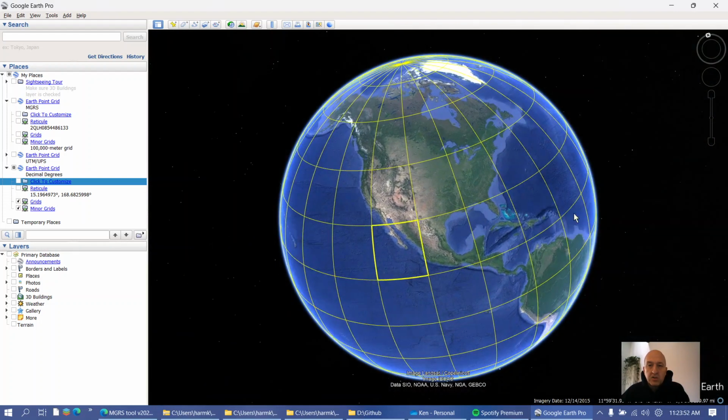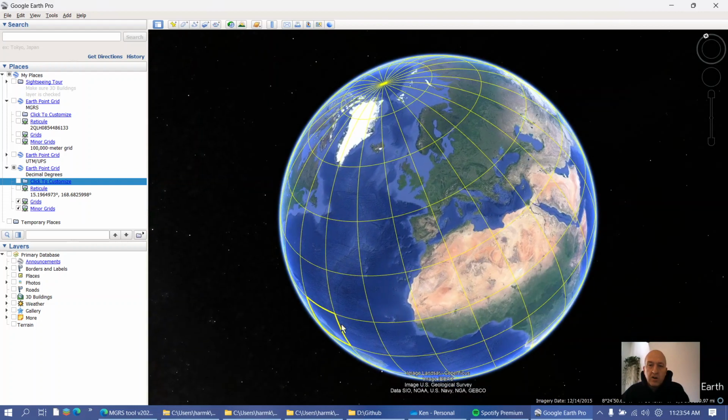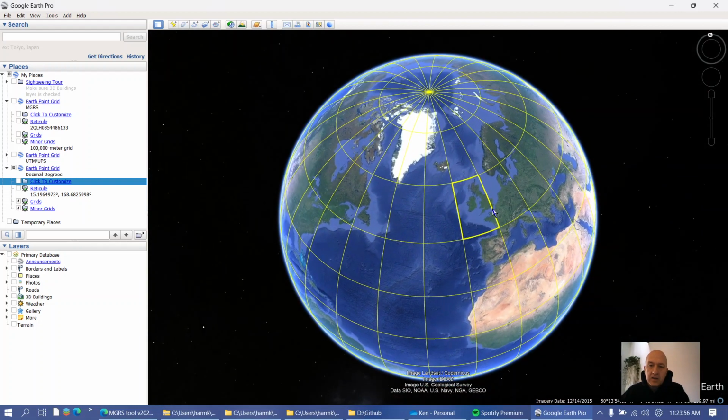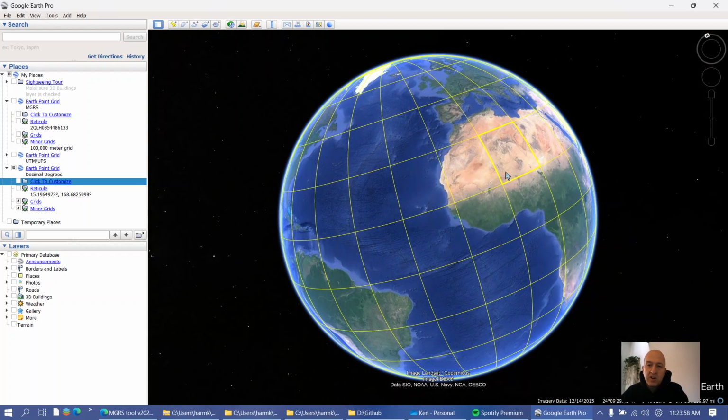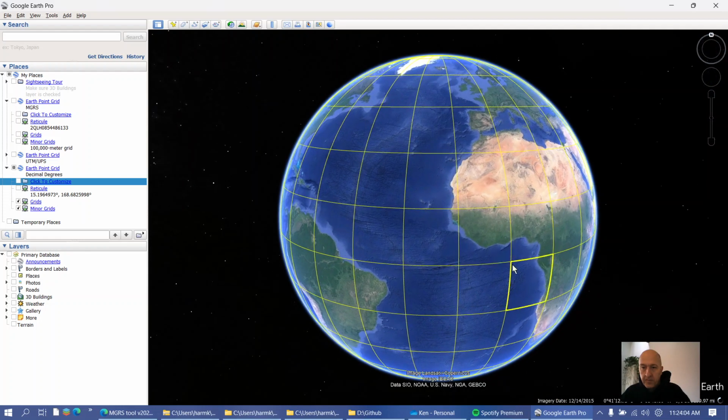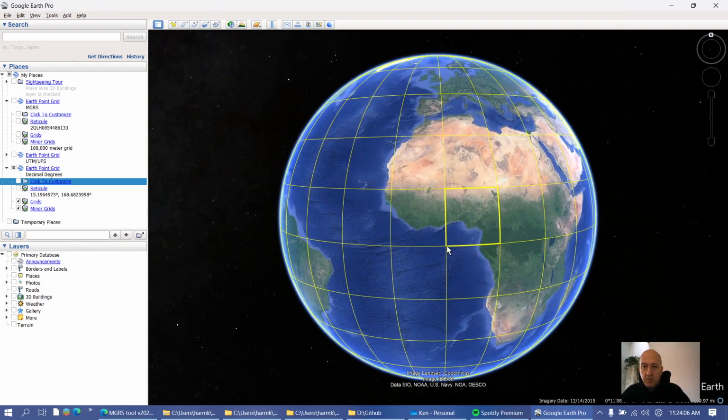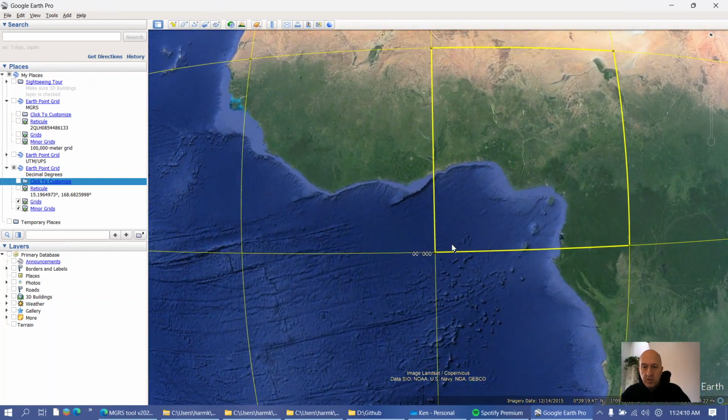It starts over here in England, right here. Well, let's start just south of Western Africa. This point right here is our special point. We'll zoom in there. This has coordinates 0 degrees latitude and 0 degrees longitude.